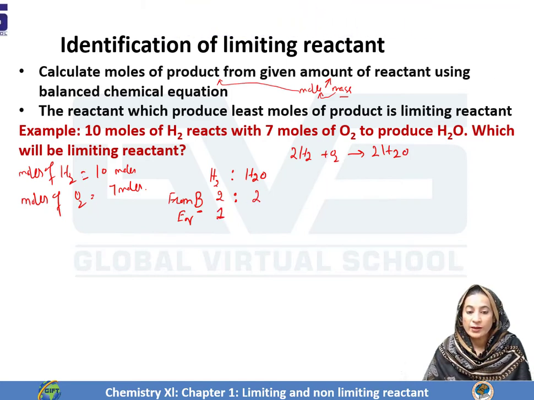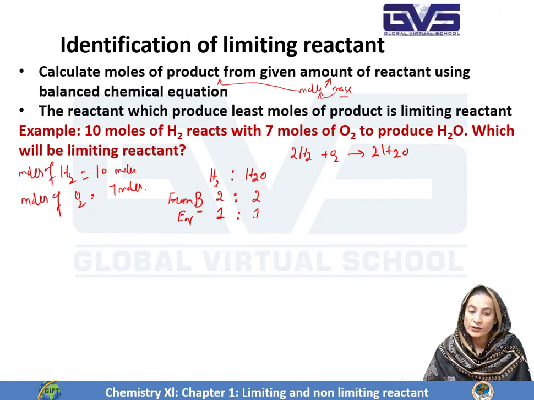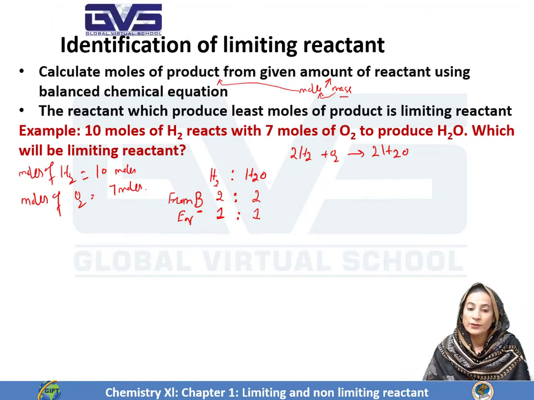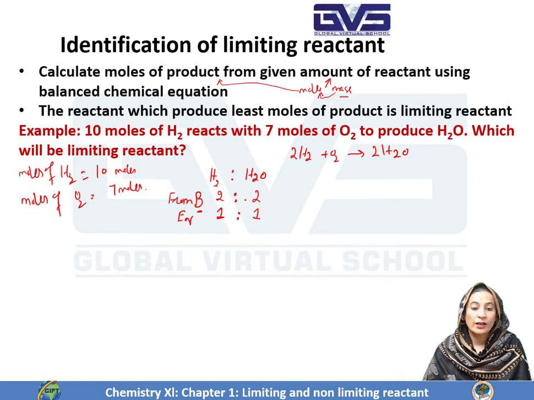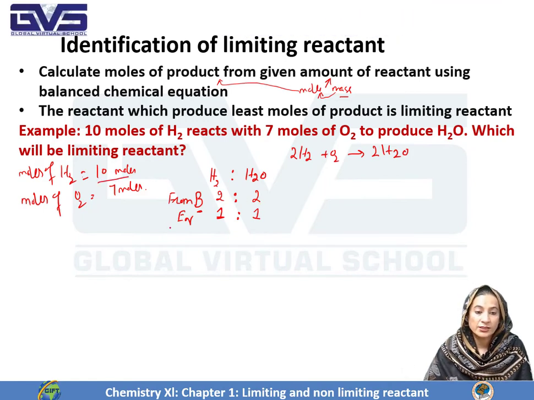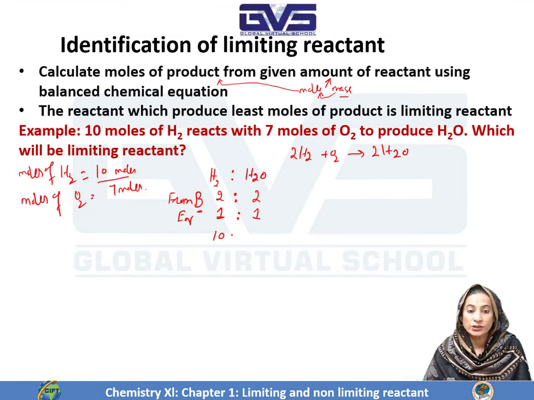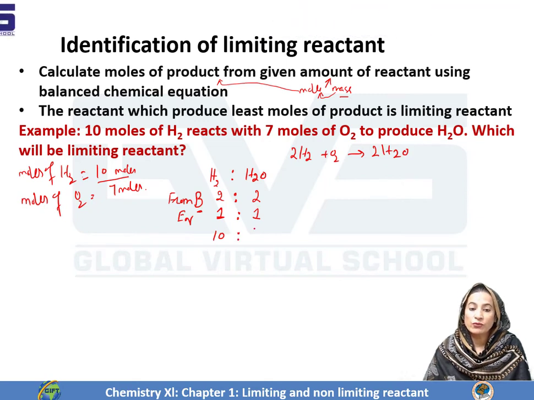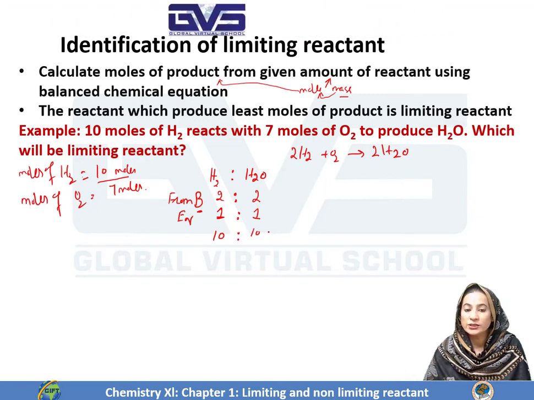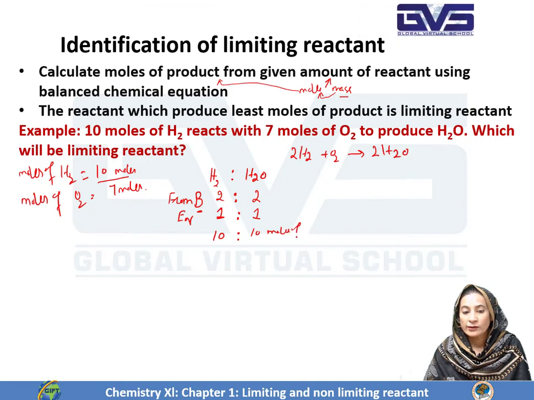So when 1 mole of hydrogen is consumed, 1 mole of H2O, water, will be formed, because 2 divided by 2. When 10 moles of hydrogen are consumed, then H2O formed will be again 10 moles. So these are moles of H2O.